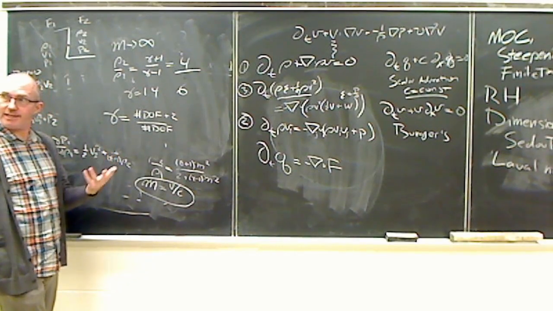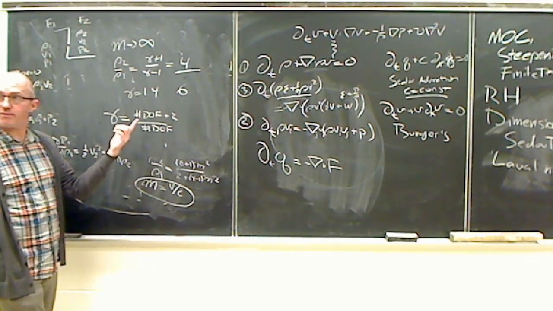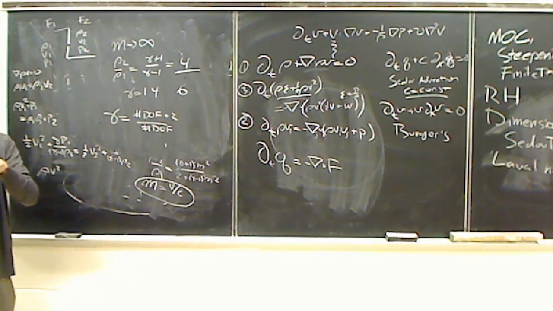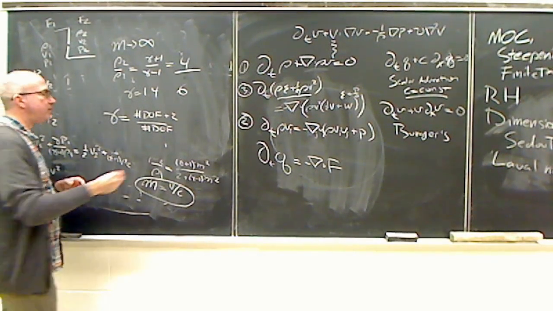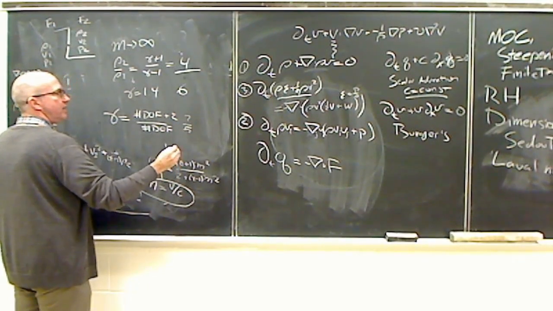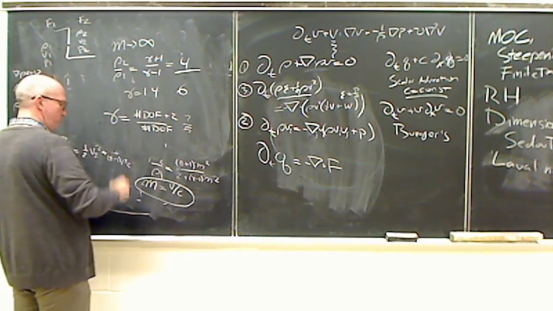If I have a diatomic gas, then the number of degrees of freedom is 5, because I have 3 positions that it could be in, and then it has 2 rotational components. So for a diatomic gas, you get 7/5, which is 1.4.